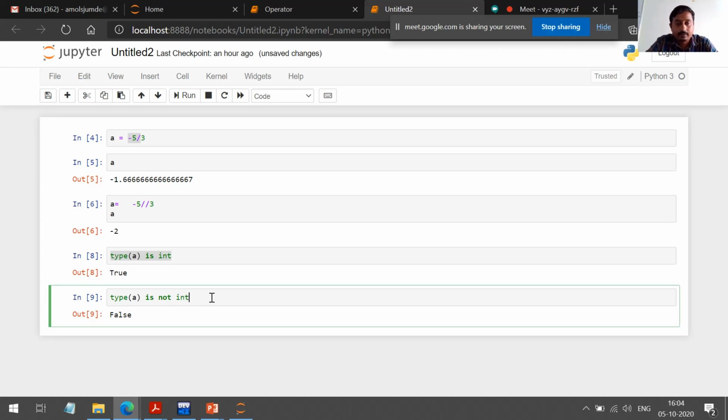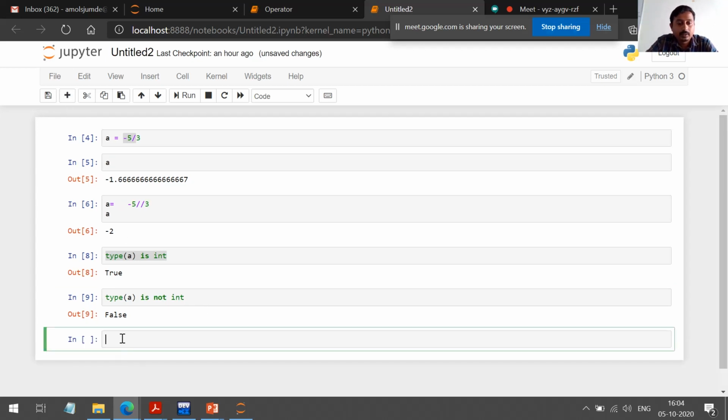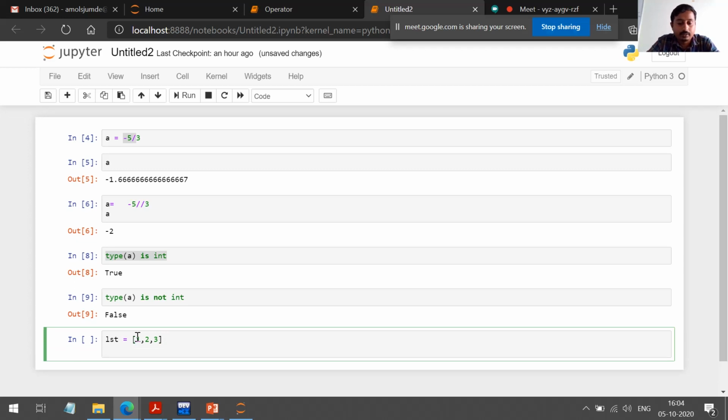And what about the in operator? in is a membership operator. In Python you are going to study lists, so let us define one list of numbers, let's say. I want to check whether 2 is present in lst.